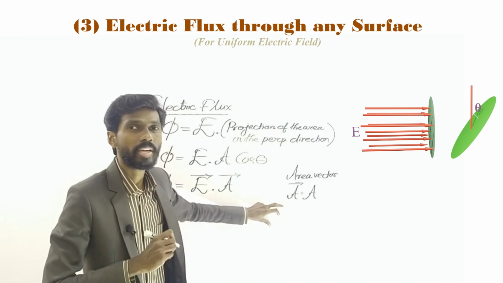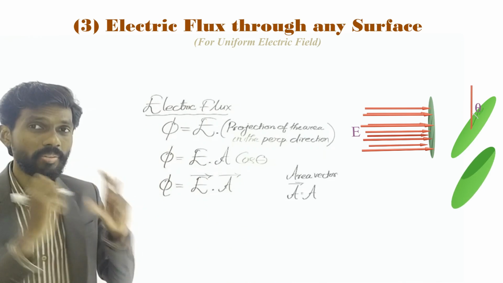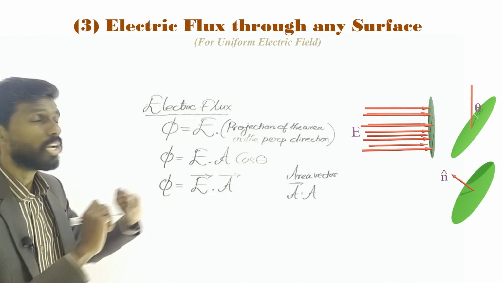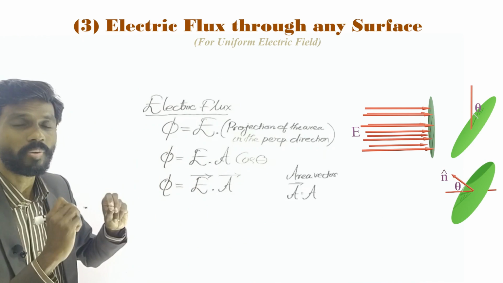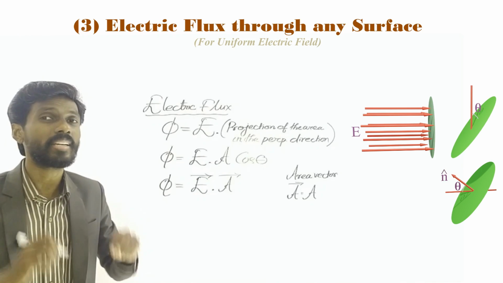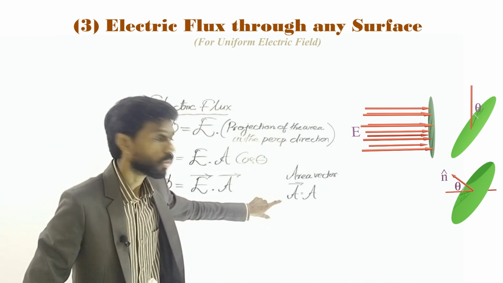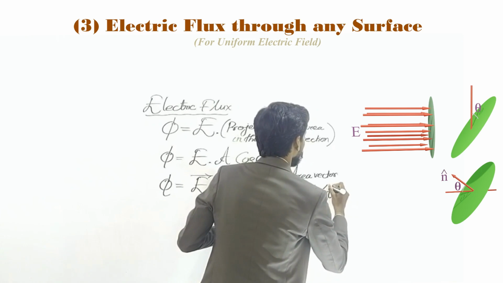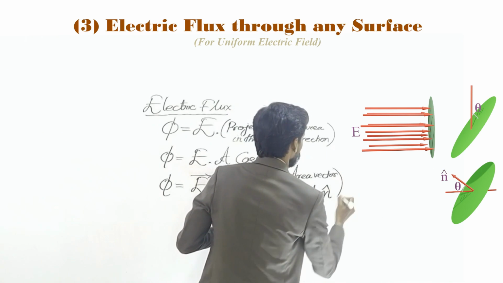What is the direction of the area vector? The direction of a surface is taken to be in the normal direction, the perpendicular direction. So n cap is the unit vector in the perpendicular direction to the surface, and that n cap is the direction of the area vector. So the magnitude is A, multiplied by the unit vector in the perpendicular direction, that is n cap.